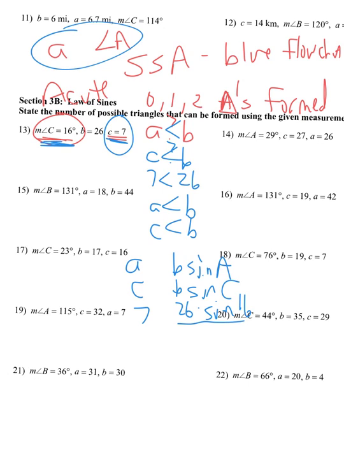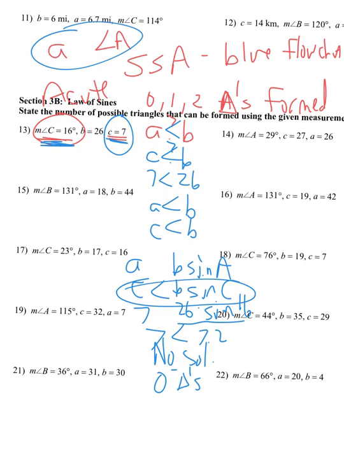I need to multiply 26 times the sine of 16, and 26 times the sine of 16 is 7.2. So we find out that C is actually less than B sine of C, and that is a no solution on the flow chart. 0 triangles are formed.